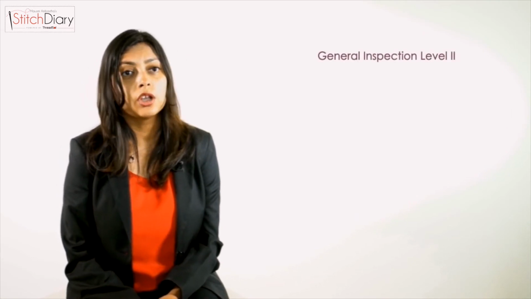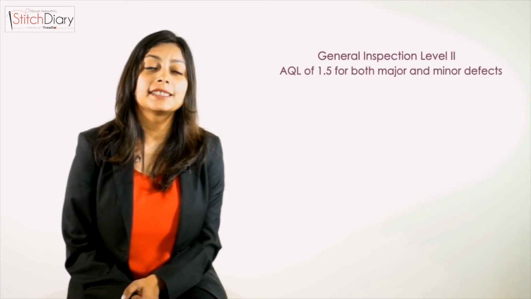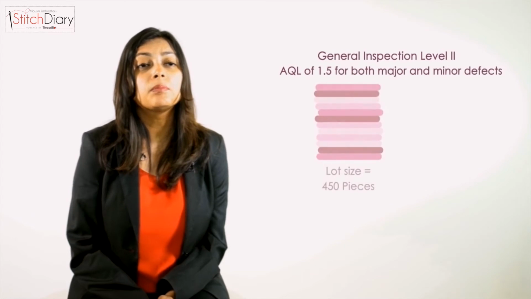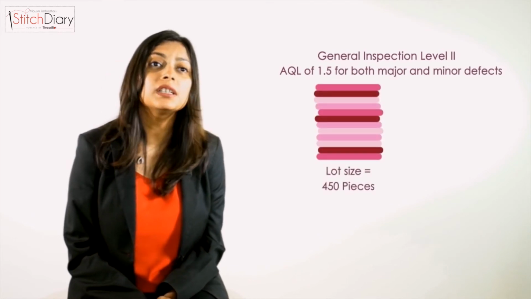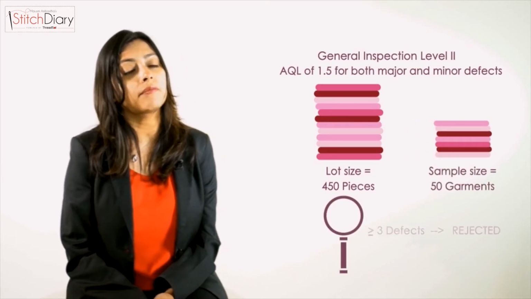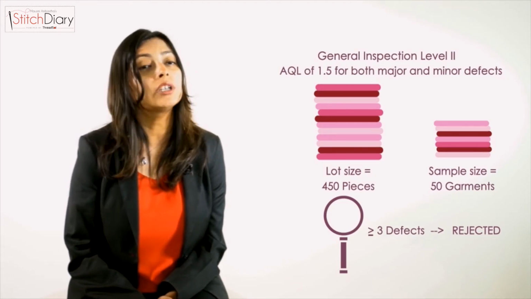Say a buyer follows general inspection level 2 and AQL level 1.5, then in the example that we discussed, let's say 450 pieces were the lot size. AQL states that 50 pieces need to be inspected. If 3 or more major defects are found in these 50 pieces, then the shipment is considered to be rejected.